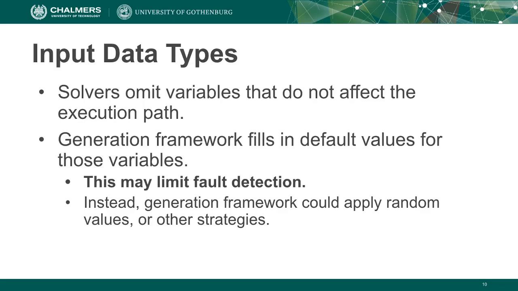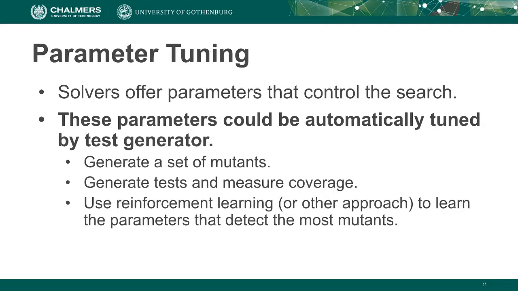And that will often be a default value, like 0 or false. And as we saw, constantly using the same values tends to decrease the probability of exposing faults. The strategy used by the test generation framework to fill those gaps is going to also impact fault detection. The test generation framework could, for example, apply random values instead of a static default.